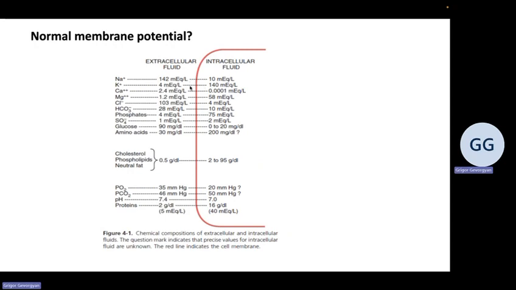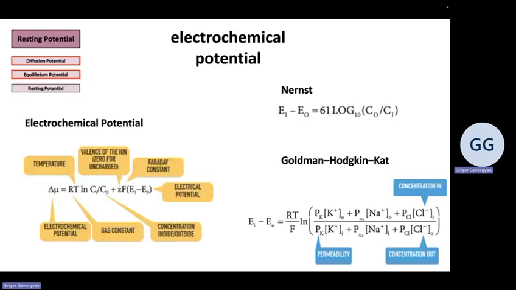So this huge, gigantic concentration difference plays a huge role in potassium's net force. Electrochemical potential is the sum of the electrical and chemical potential of the ion to go in or out of the cell.